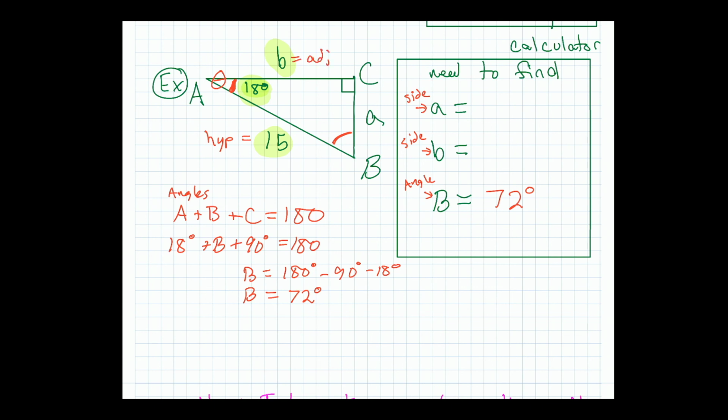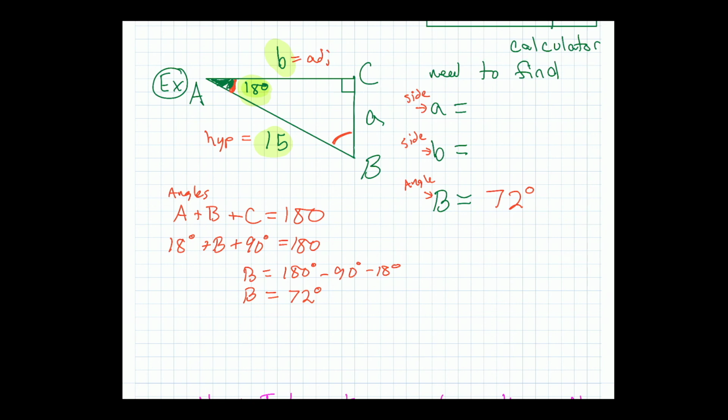It's important that you think of it that way, because if you're talking about the angle right here, then way over here the side A is the opposite side.